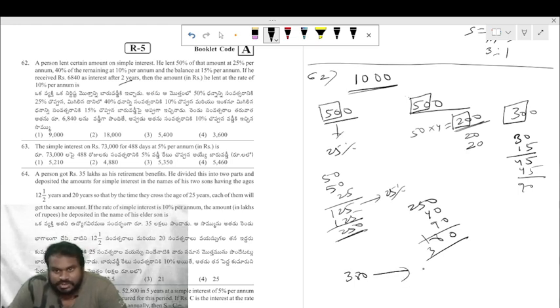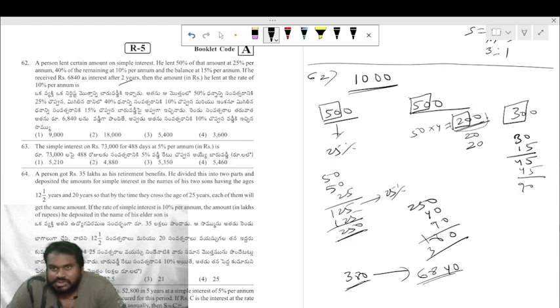But in the question, how much interest did he get? 6840. So if these 380 parts become equal to this, the amount he lent at the rate of 10% per annum, which amount has he given? 200 rupees.